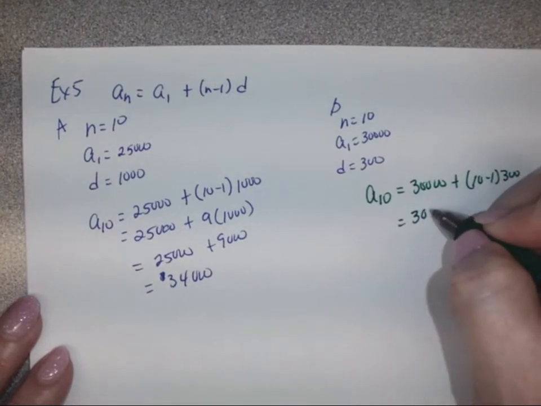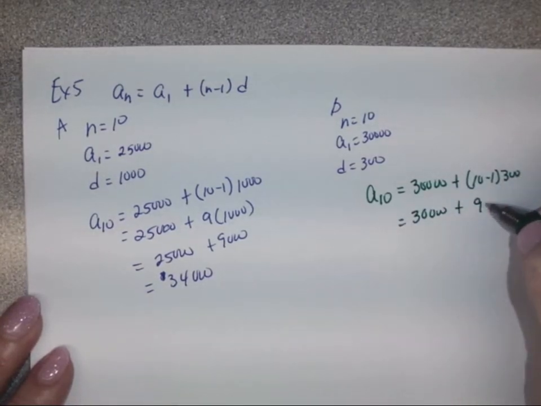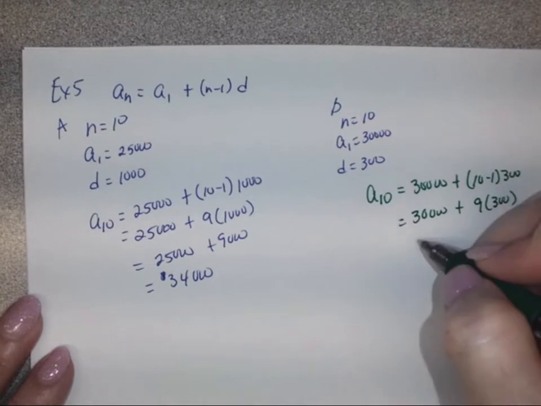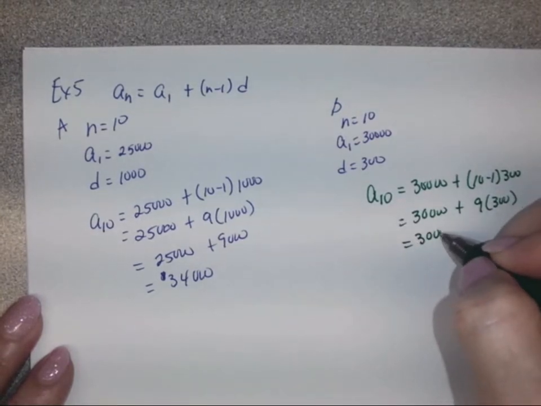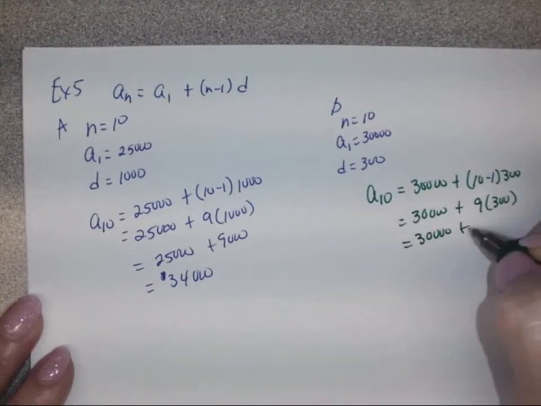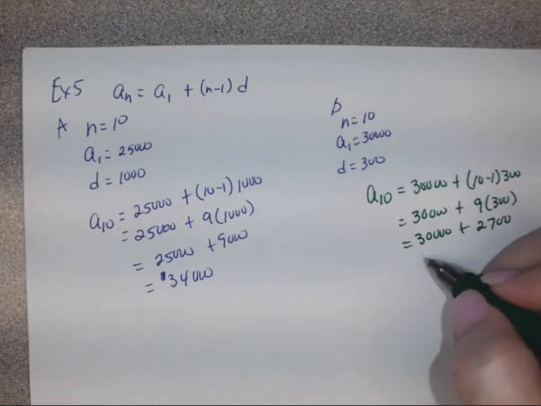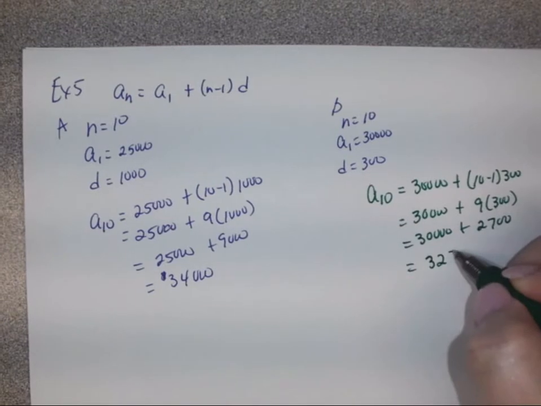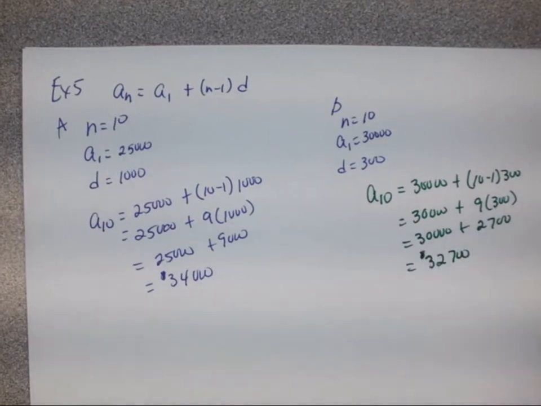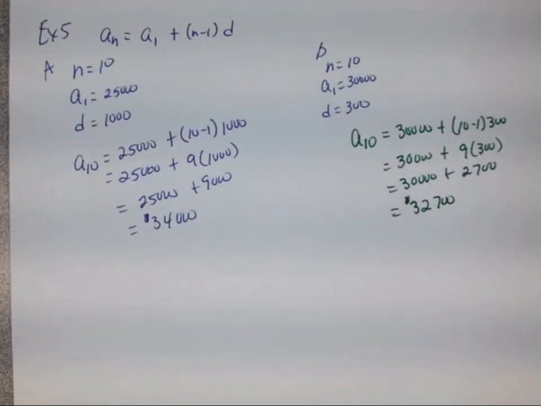So 30,000 plus 9 times 300. So 30,000 plus 9 times 3 would be 2,700. So that'll get you 32,700.